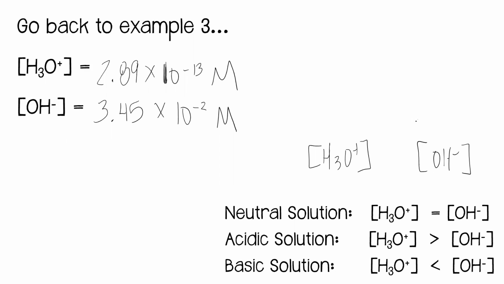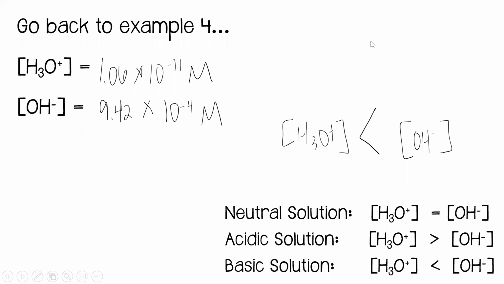Which one is bigger? It's the hydroxide. This number is much bigger. To the negative 2 is bigger than to the negative 13. So we're saying this is a basic solution. Go back in example 3. What was the substance? It was NaOH, which we know is a base, sodium hydroxide. So once again, all of our numbers match up. We're just verifying that the concept makes sense and our numbers make sense.